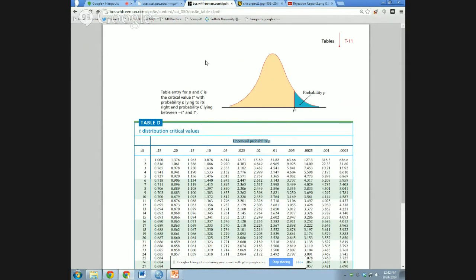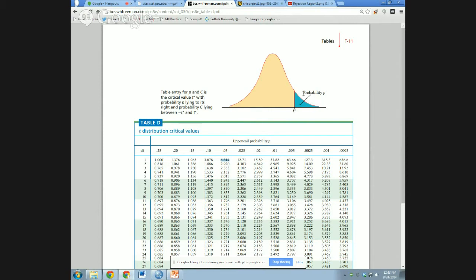For instance, again, here's the t-table. If we set something at alpha of 0.05 and we had 1 degree of freedom, our critical value here would be 6.314. When we test the null hypothesis, anything less than 6.314 would be accepted, and anything greater than 6.314 would be rejected.